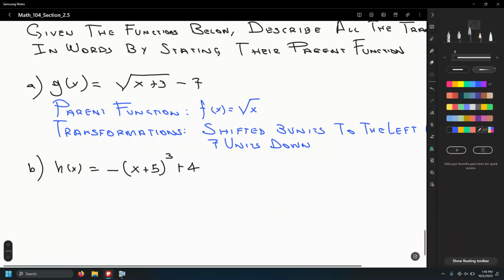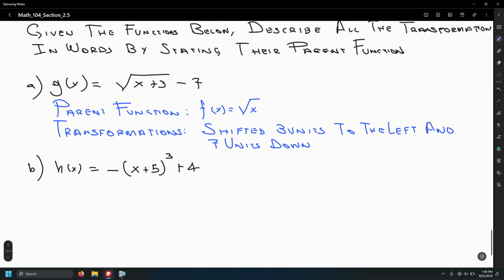All right, number 1. What's the parent function here? X cubed. Parent function, f of x equals x cubed.